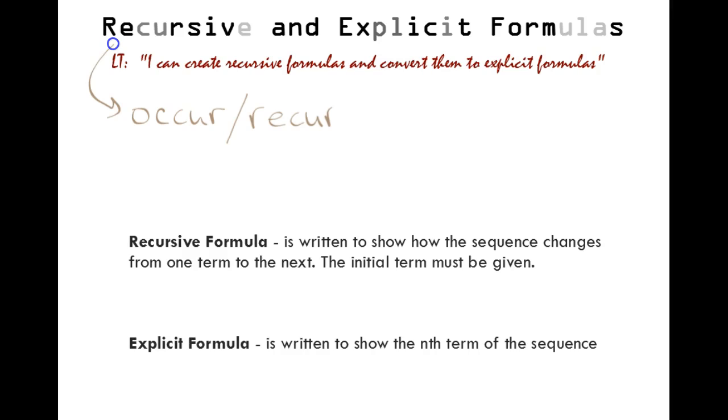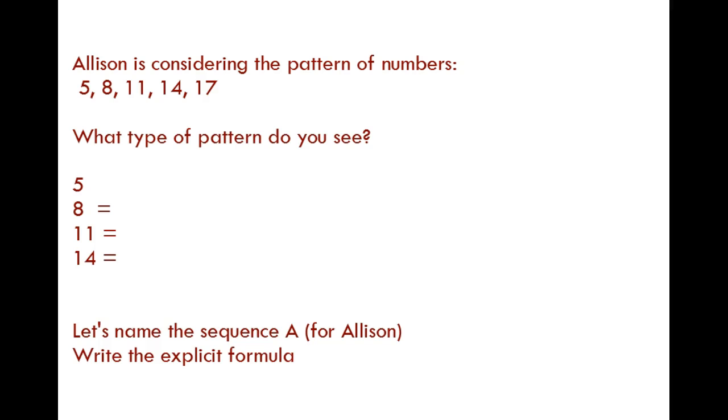An explicit formula is like the equation of a line, but a recursive formula says like what a younger kid would say, hey, that pattern keeps going up by 3 every time. That's the pattern, but you also have to say where it starts. So if it starts at 100 and then goes up 3 every time, you have to say the initial term is 100.